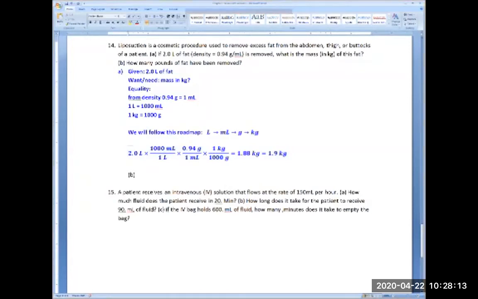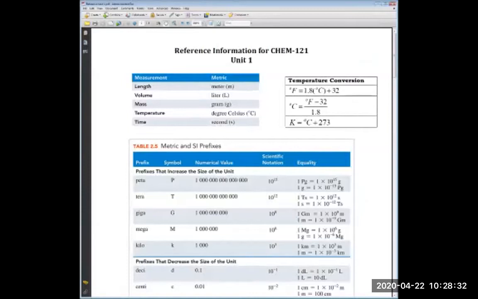So you want to look at your reference packet for unit 1. And let me actually share that. So this is the reference packet I would like you to have printed if you are able to print.